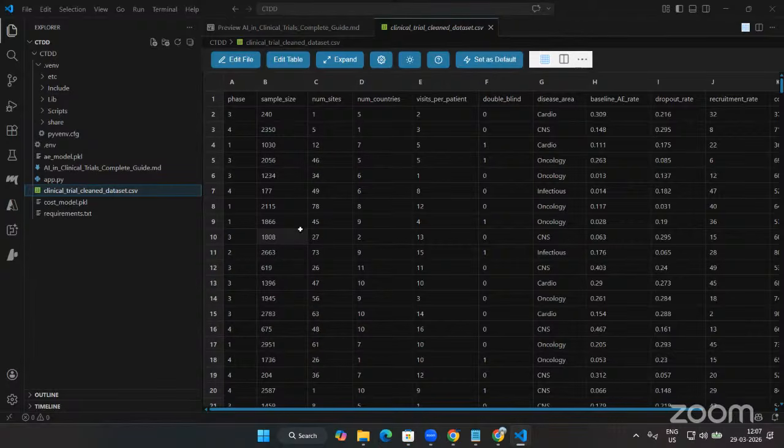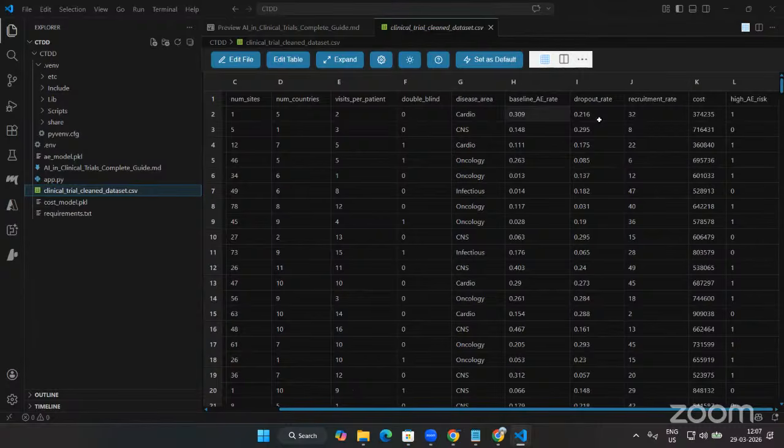In this file, we have phase, sample size, number of sites, num countries, visits per patient, double blind, disease area, baseline AE rate, dropout rate, recruitment rate, cost, and high AE risk.